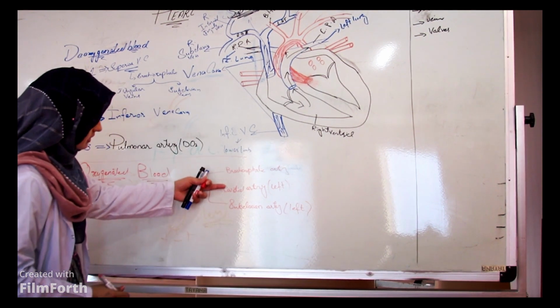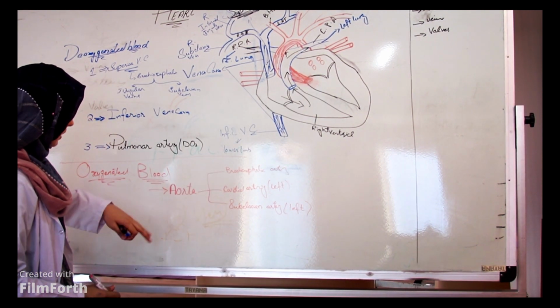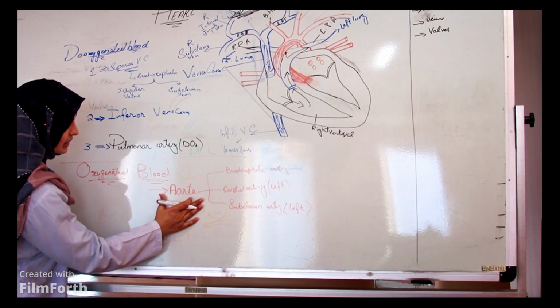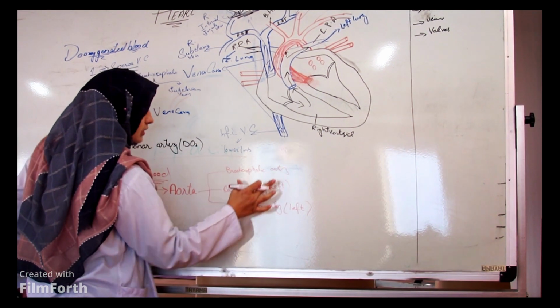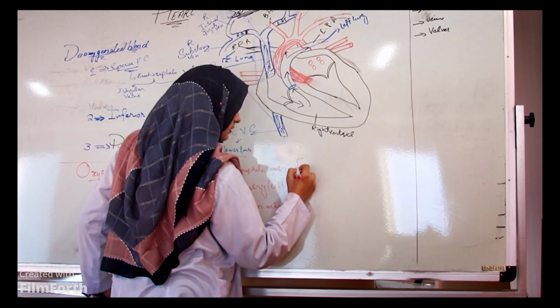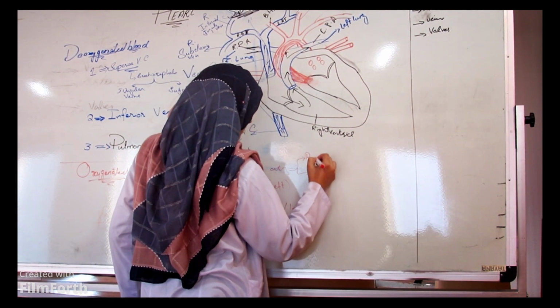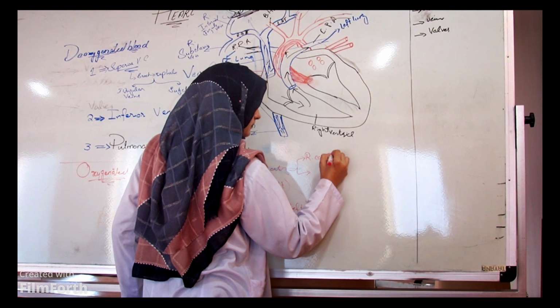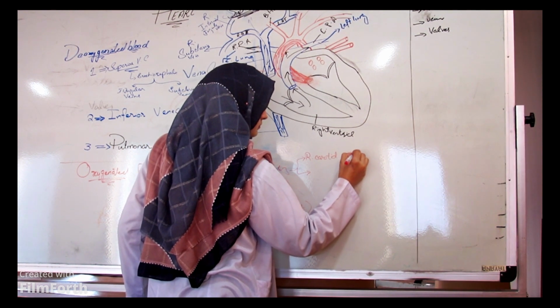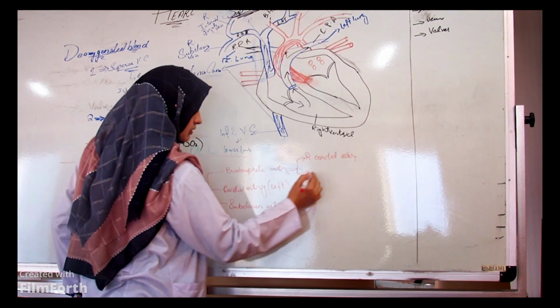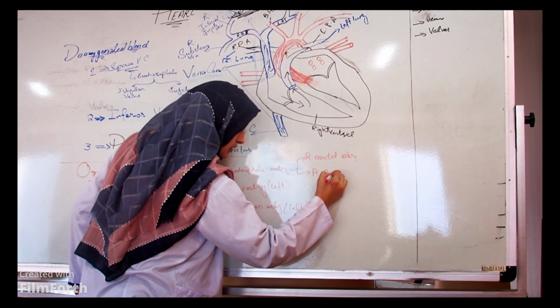These three arteries arise from the arch of the aorta, and further the brachiocephalic artery is going to divide into the right carotid artery and the second one, the right subclavian artery.